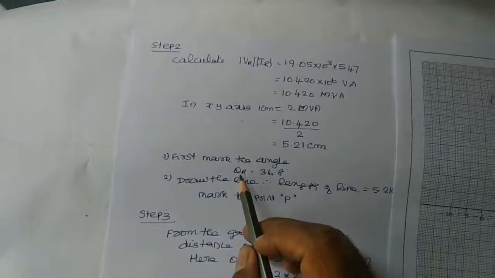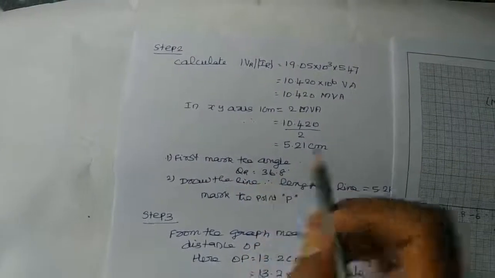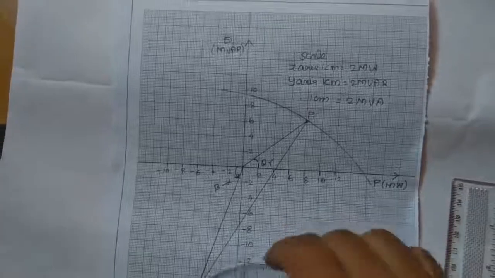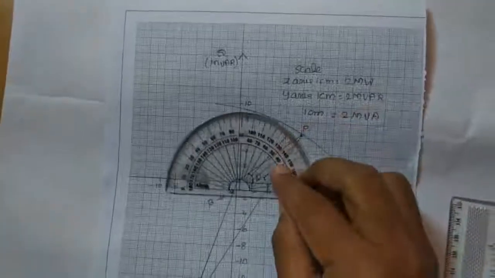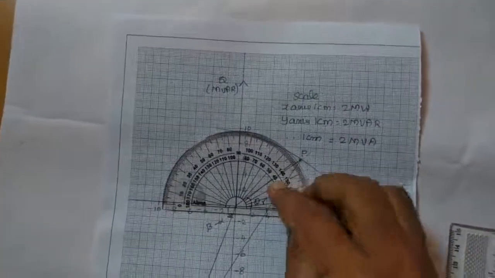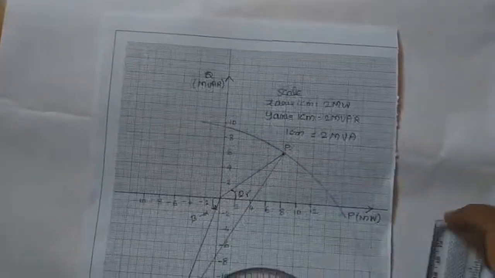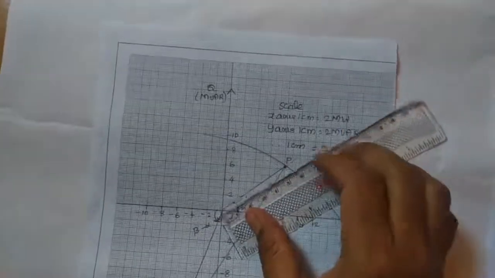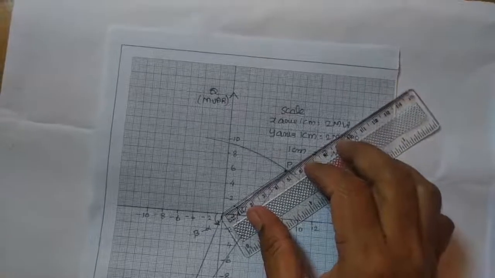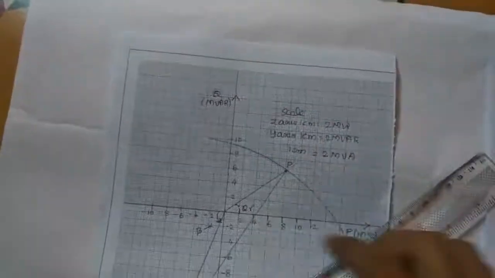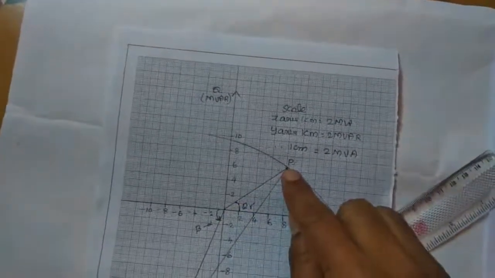First, mark the angle theta R, which is equal to 36.8 degrees. Then from the origin point draw the line for 5.21 centimeters. Then connect the origin point to point P.